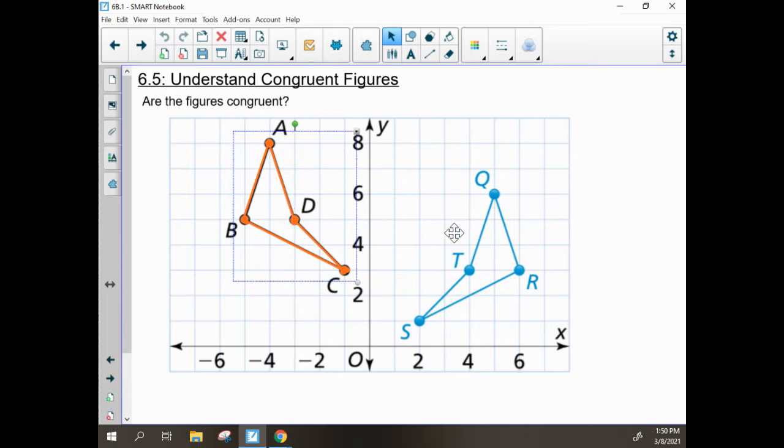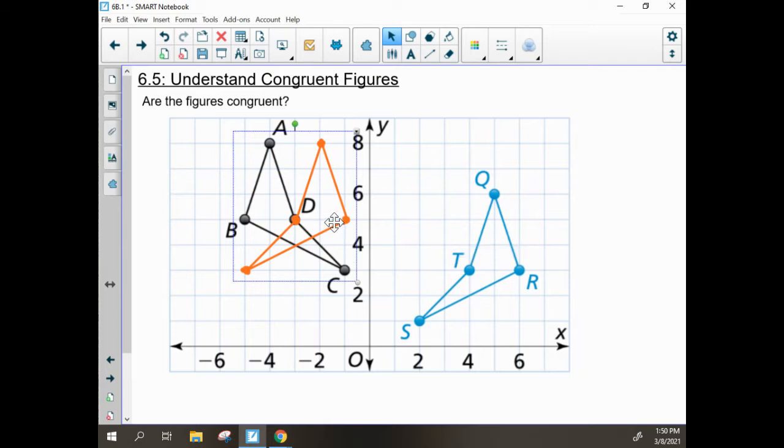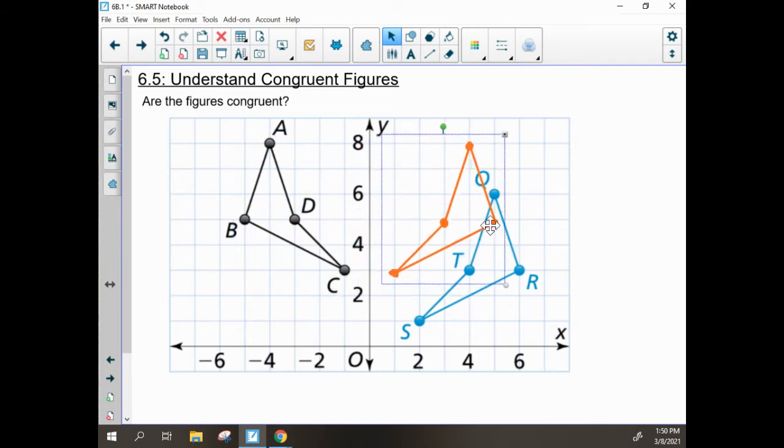Now, as you can see here, these shapes are going to have to make a reflection of some sort because you can see they're mirrors of each other. So I'm going to go ahead and flip this first. All right, and if I do that, it's going to end up over here like that.